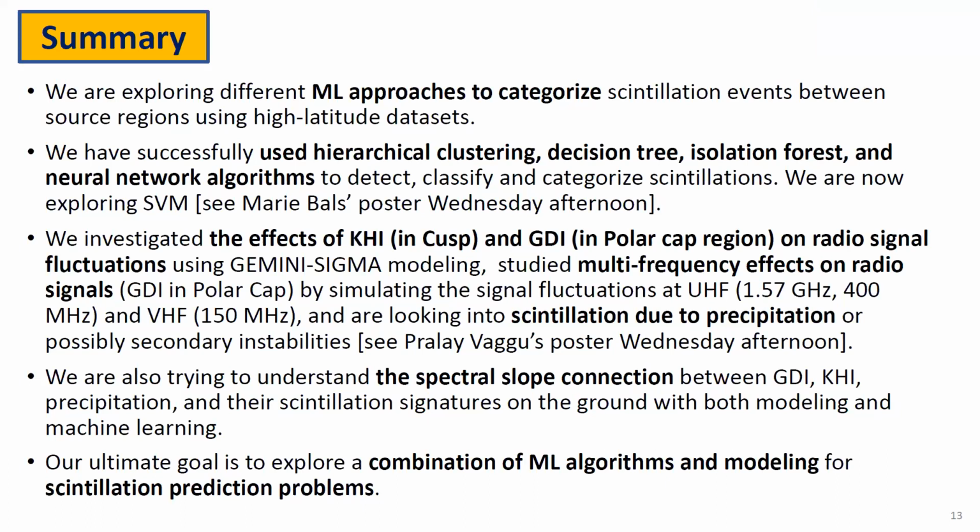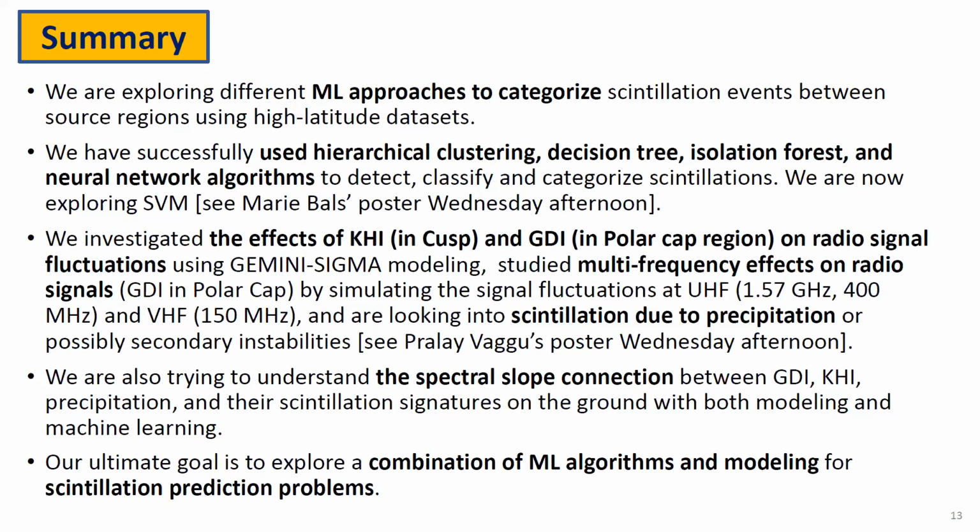We've investigated Kelvin-Helmholtz instabilities and GDI, gradient drift instabilities, in terms of modeling and scintillations. Looked at multi-frequency studies, again, in the GDI regime. Now we are looking at auroral precipitation, and hopefully we might be able to expand it to understand whether the secondary instabilities are of any importance to generate the scintillations.